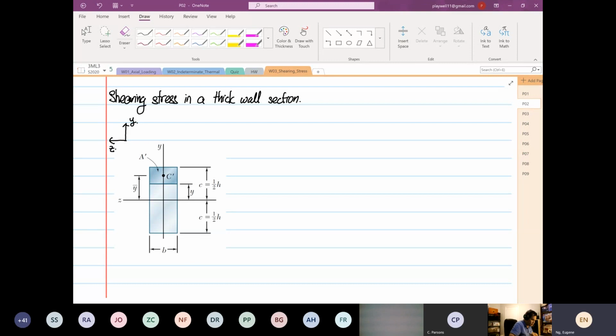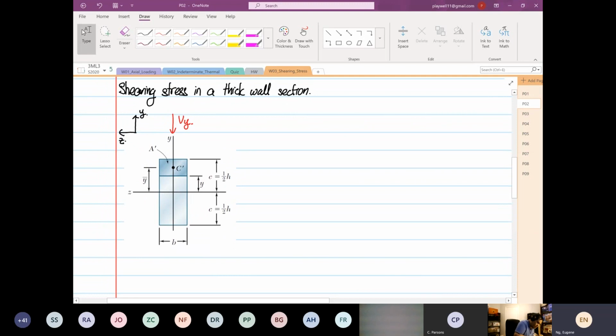Okay, the shear force V is in the y direction. So when the shearing force is in Vy direction, the area of interest is over here. So this is the area of interest.